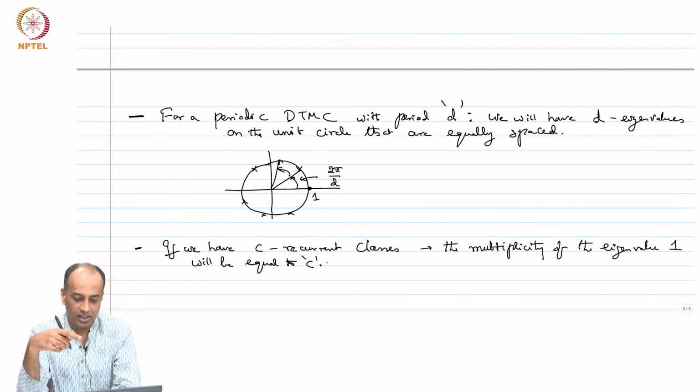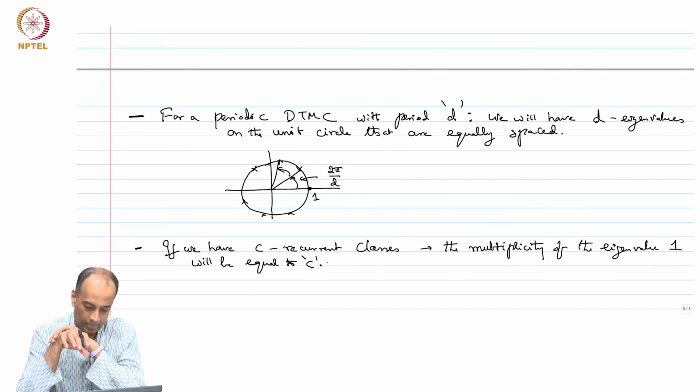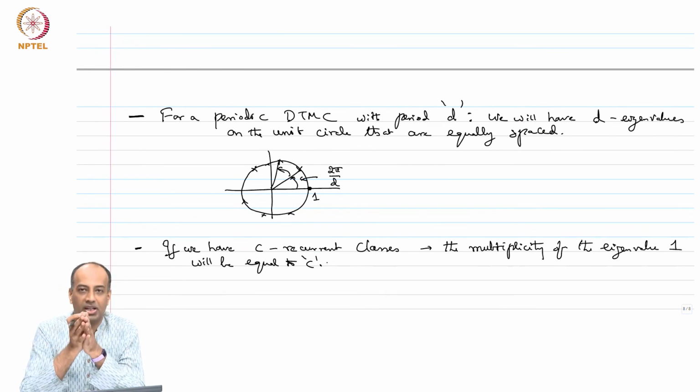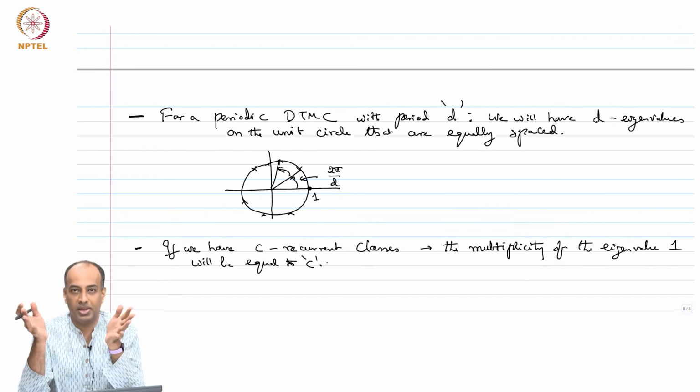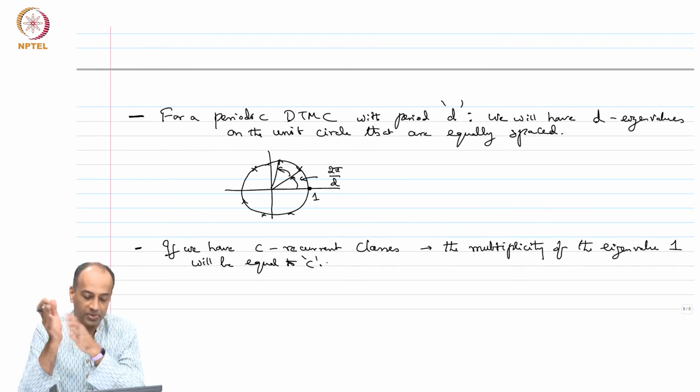Remember that in the previous discussion I have only covered the case when all the lambda i's are distinct, all right. That is not the most general case. If these lambda i's were not distinct, then you will have a bit of an issue in the sense that the eigenvectors nu i's and the left eigenvectors pi i's may not span R m, all right.